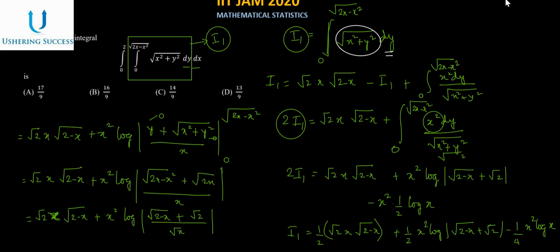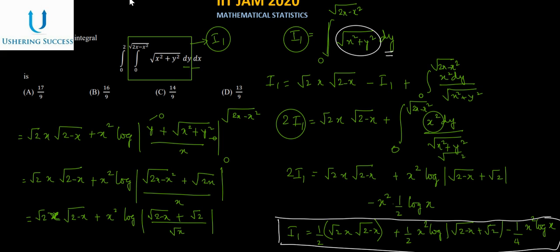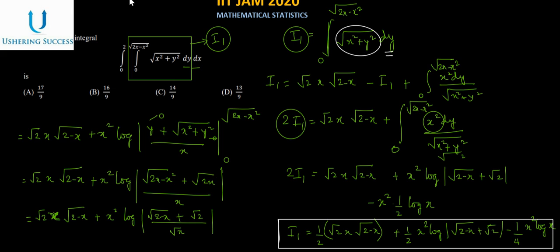So this is the final form of the integral that was inside the bracket, or inside the second integral. So we can see that we have found the value of the first integral, which was inside. So now we will take this and we will try and find out the value of the second integral.